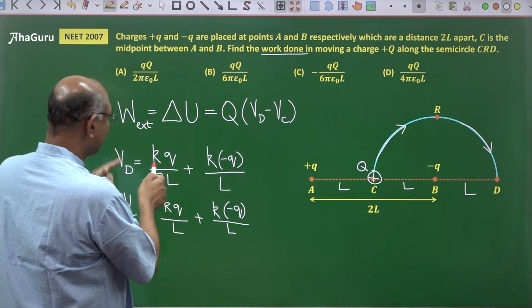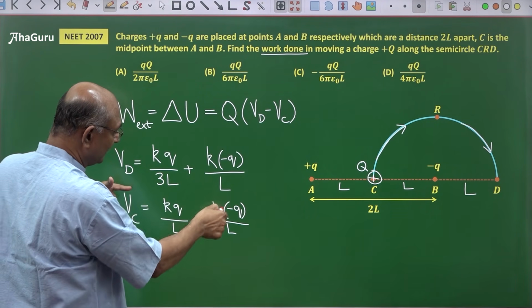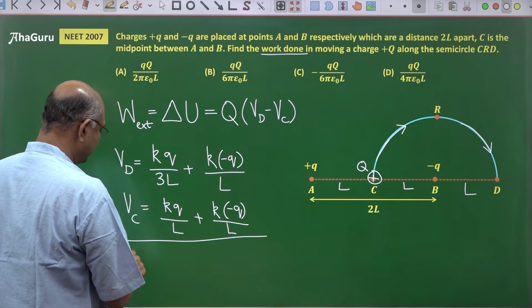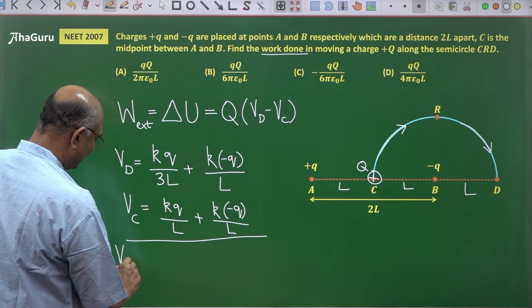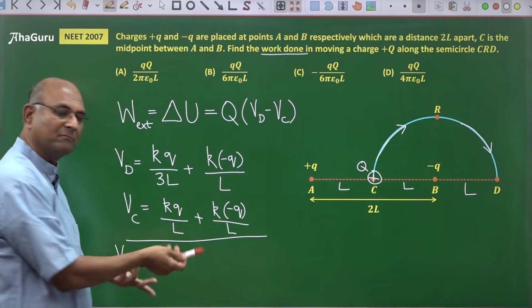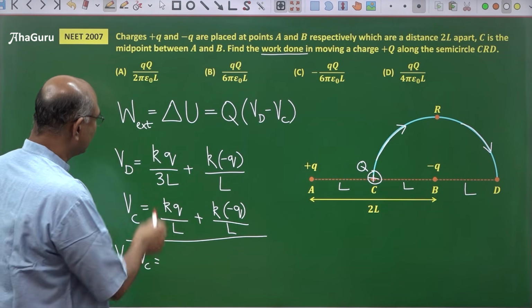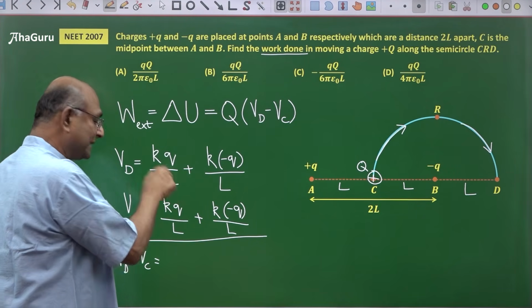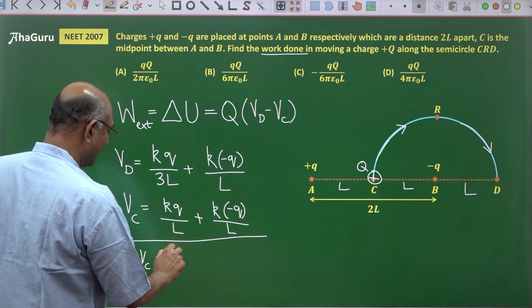So when I subtract, VD minus VC, this will go away. So if I say VD minus VC, this will cancel, this minus this. KQ by 3L minus KQ by L. The sign is important, okay?